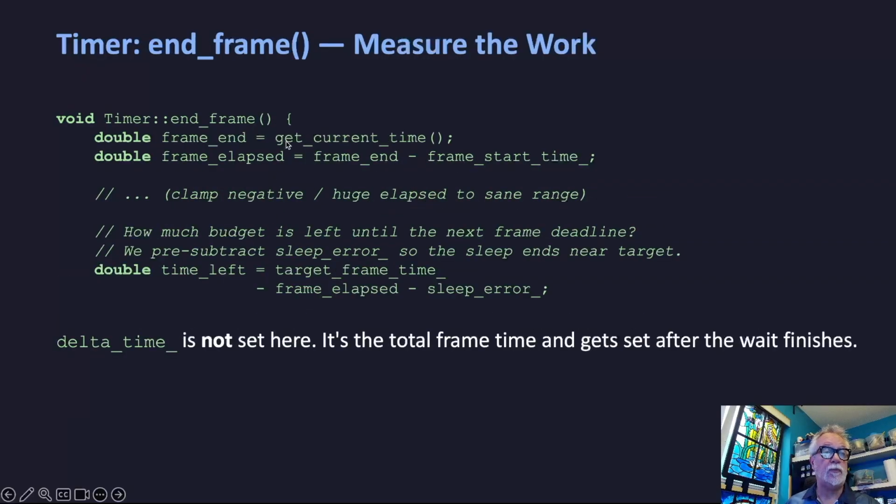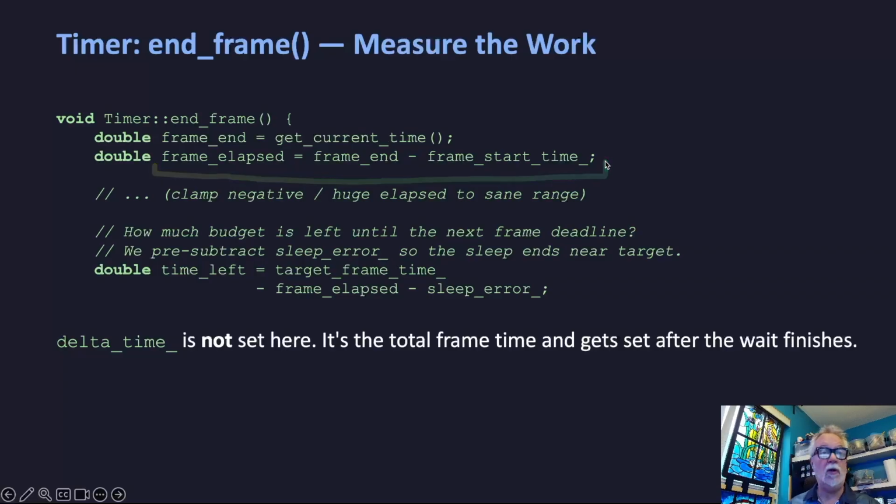So, the start frame is fairly straightforward. All we do is we basically say, in the start frame, frame start time equals get current time. So we're not going to show that code. At the end of the frame, there's a couple of things we have to do. The first thing is we have to calculate how much time we spent updating our game.